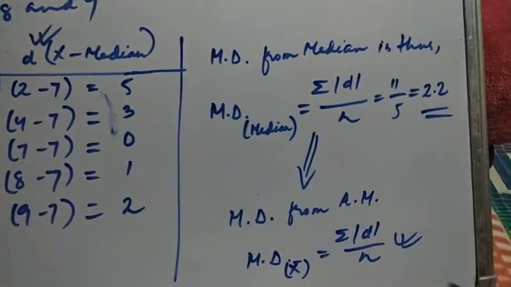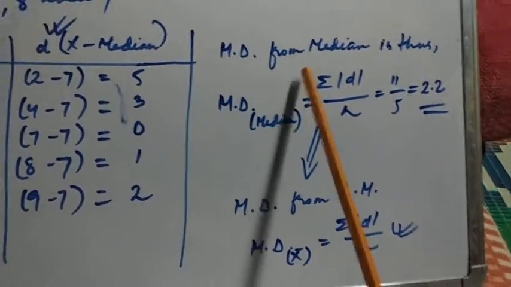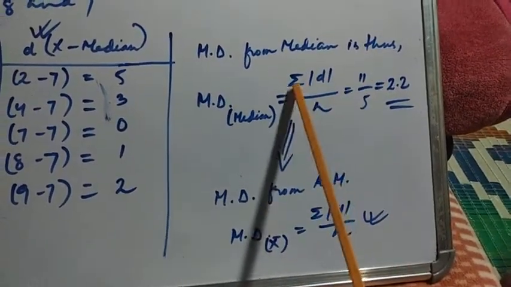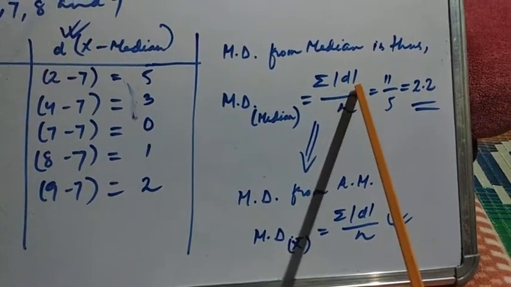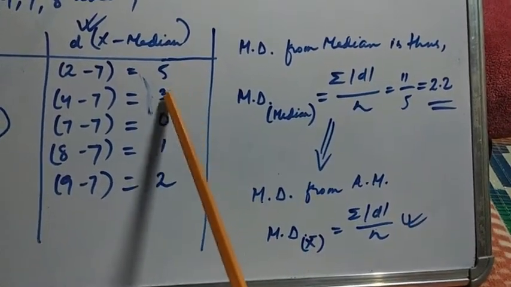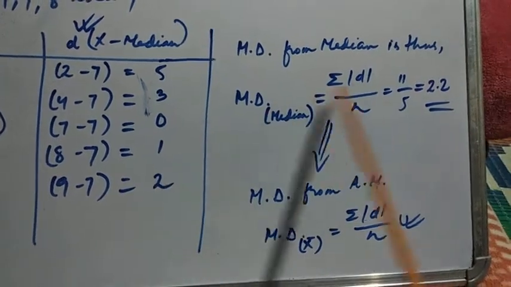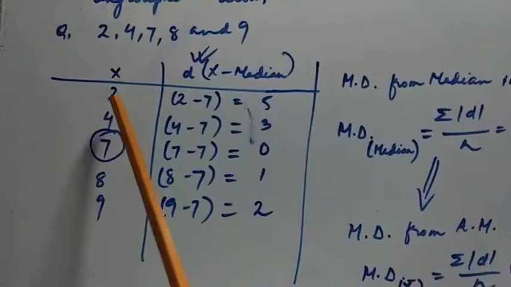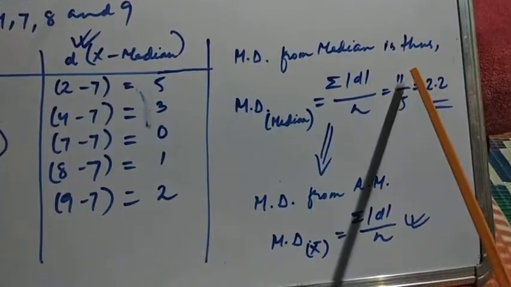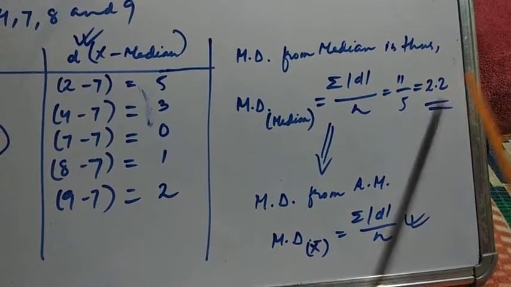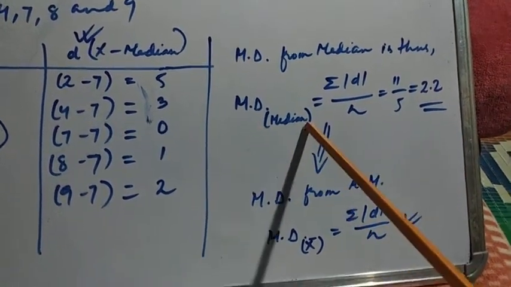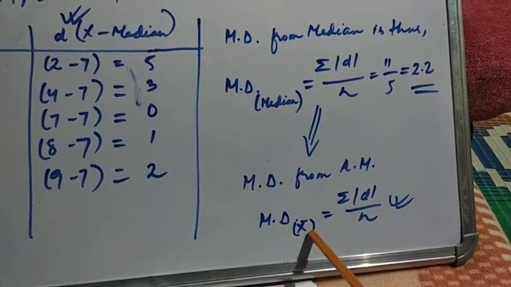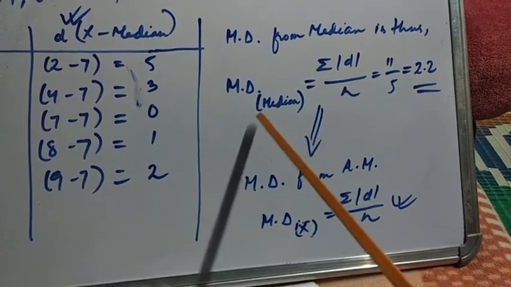Now you can use the formula: mean deviation from median is summation D by n. Summation D here is 5, 6, 7, 8, 9, 10, 11. So 11 by the number of observations, 1, 2, 3, 4, 5. So 11 divided by 5 is 2.2. Remember, this is for median. When it talks about arithmetic mean, this sign will come here. For median, it is given here.